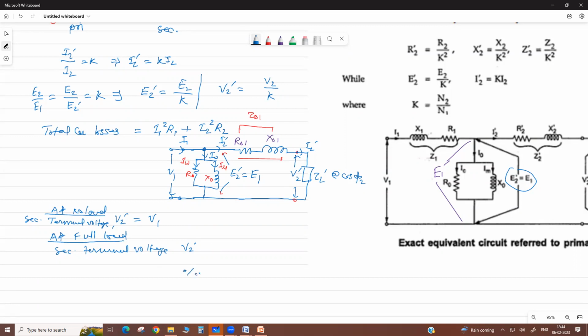Now what is the definition of percentage voltage regulation? It is the change in output terminal voltage from no load. What is the no load voltage? Sorry, this is wrong, just a minute.